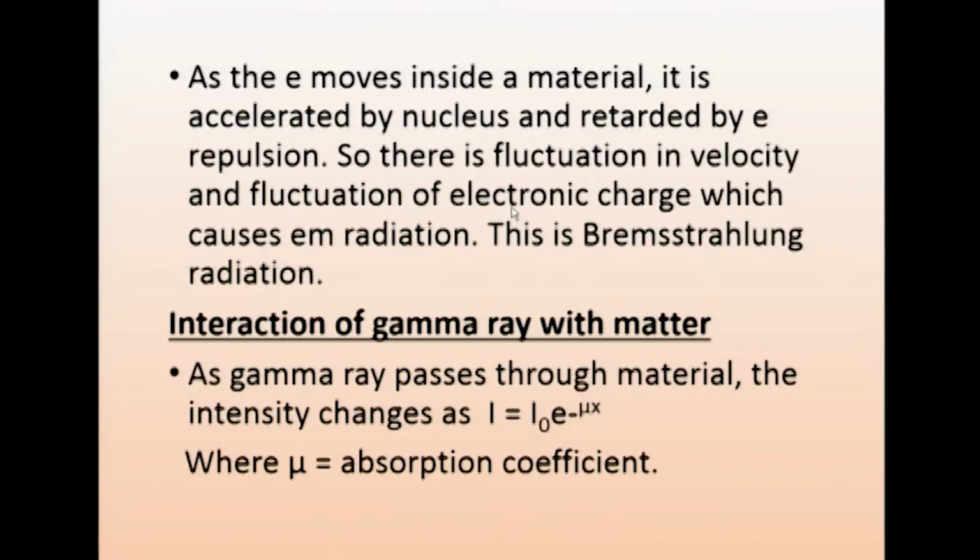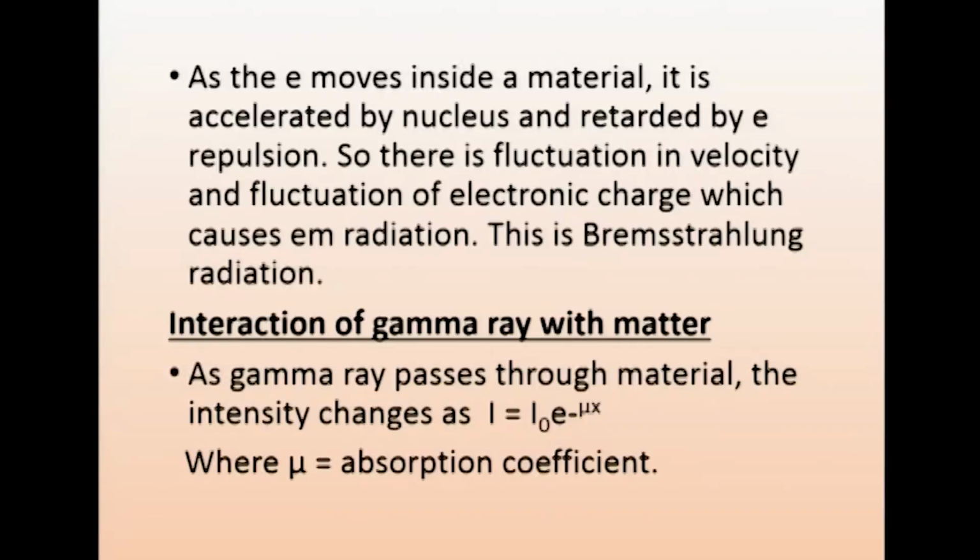Once it enters the material, it will be moving in a zigzag manner, it will fluctuate and go. Why does it fluctuate? It gets attracted by the nucleus and repelled by the electrons. And not only that, suppose you have the electron cloud, and it is moving in the electron cloud, this electron will repel in this direction, this electron will repel in the other direction.